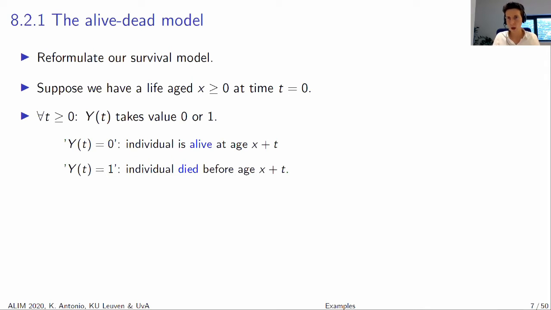That means that the random variable Y can only take a value 0 or 1 in this case. If Y(t) is equal to 0, it means our individual is alive at x plus t. If Y(t) takes a value equal to 1, it means that our individual has died before x plus t. So here that's pretty simple.